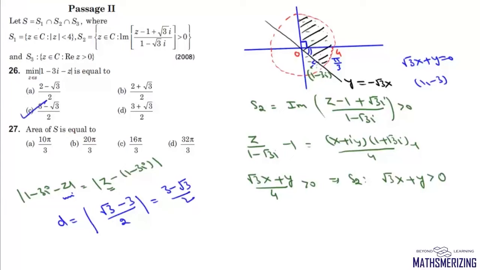Now question number 27 is, we need to find the area of this region. Now the area of this region S will be, now this angle is pi by 2 plus pi by 3. So it will be 5 pi by 6.